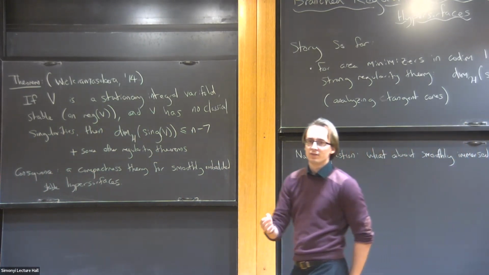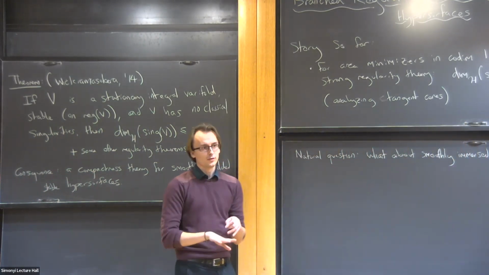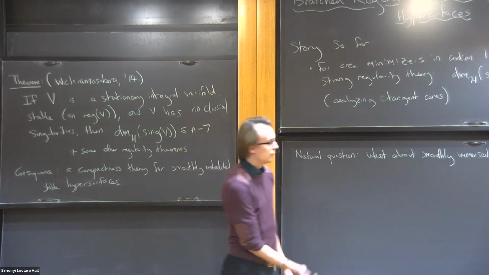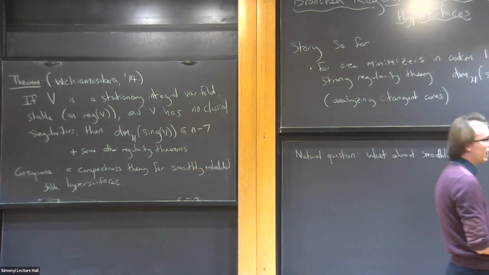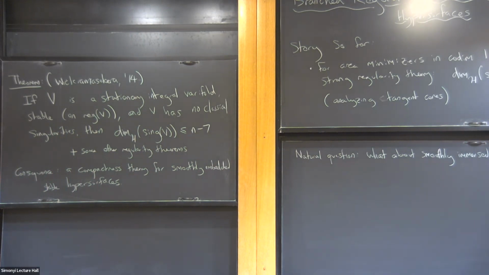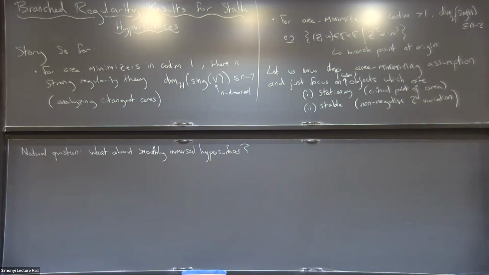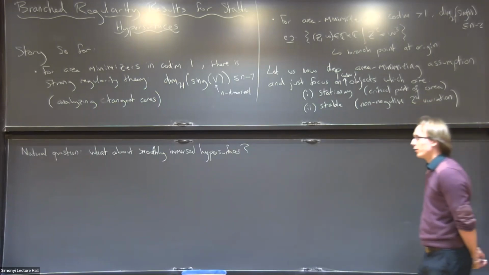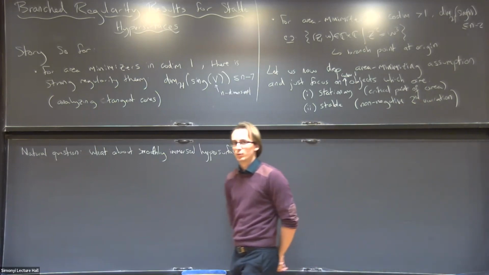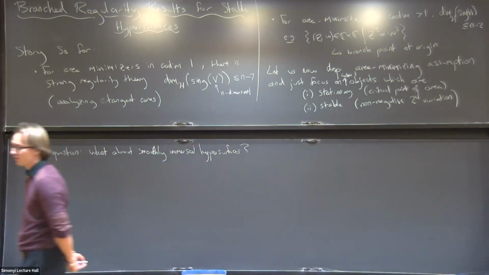Any branch point has to be locally a limit of crossings. So if you want to understand singularities of smoothly immersed hypersurfaces, or at least limits of them, and how the singularities could degenerate, you need to understand what happens at one of these branch points, which, like I say, can occur.